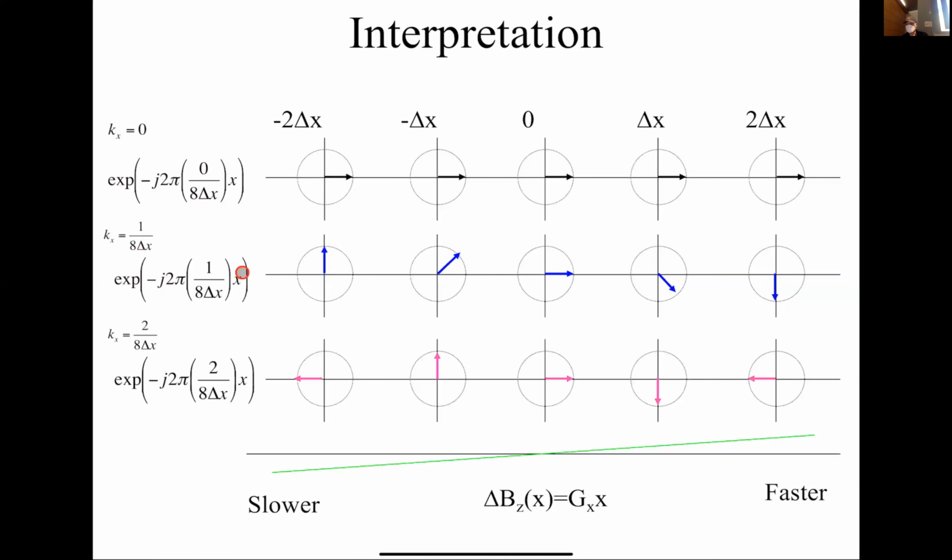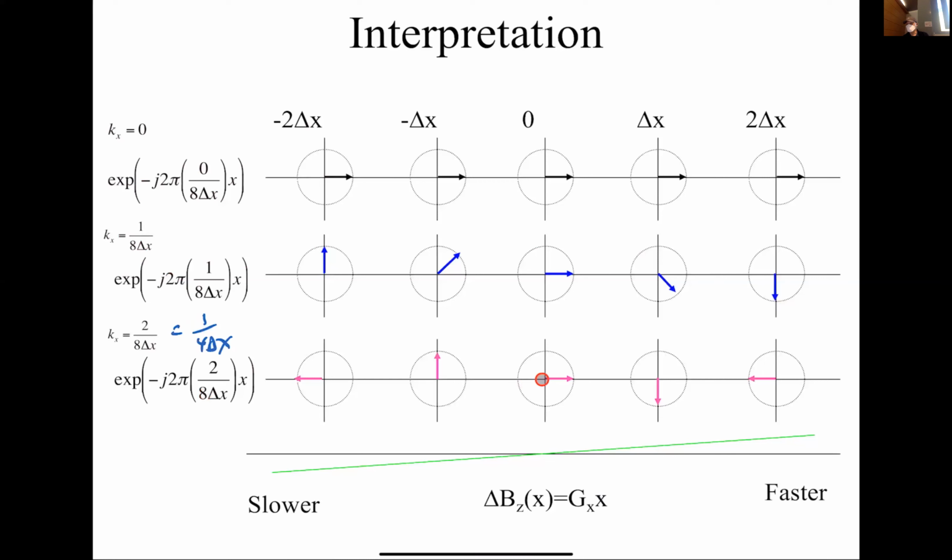And now I go here, so 2 over 8 delta x, which is equal to 1 over 4 delta x, right? And so now I see this spin here and this spin here have the same orientation, and they're spaced apart by 4 delta x. So the spatial period there is 4 delta x, so that makes sense that kx equals 1 over 4 delta x.